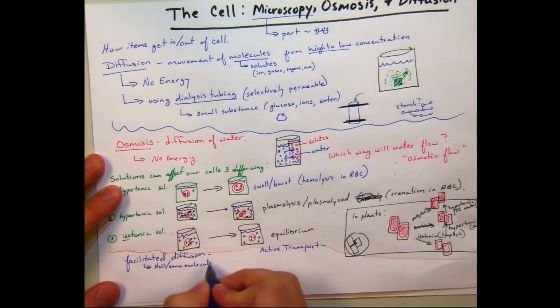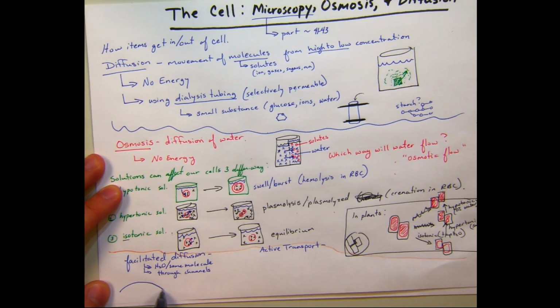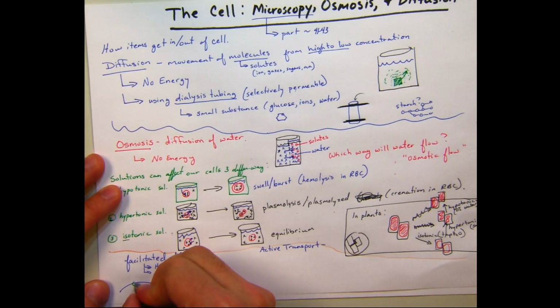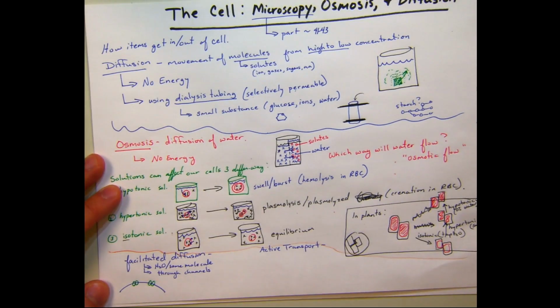They usually diffuse through channels. How that would look is here's a membrane. Right, but this membrane doesn't have holes in it, it has proteins. Protein, there's a protein.